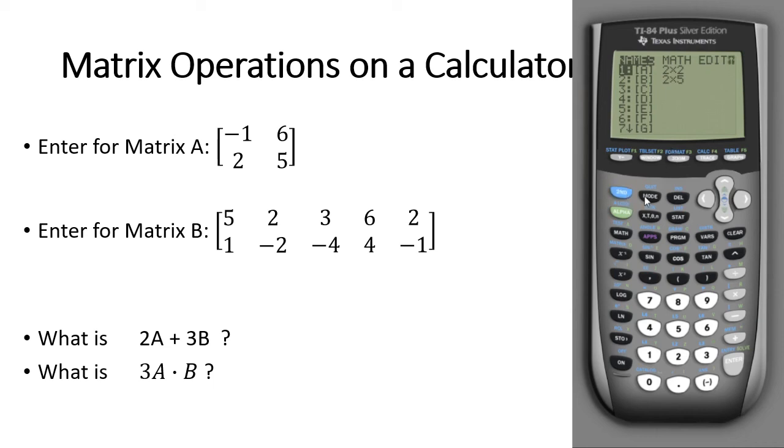So let's type that in now. We wanted 3 times matrix A, and we're then going to multiply that by, and we don't have to have the multiplication sign there, but might as well, matrix B, and it'll give us the product matrix right there. So this is the product. If we want to see what's in that last column, you just hit over to the right on your calculator, and you can find those values.